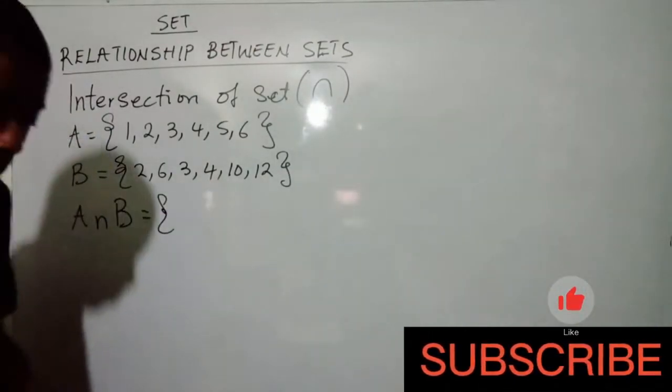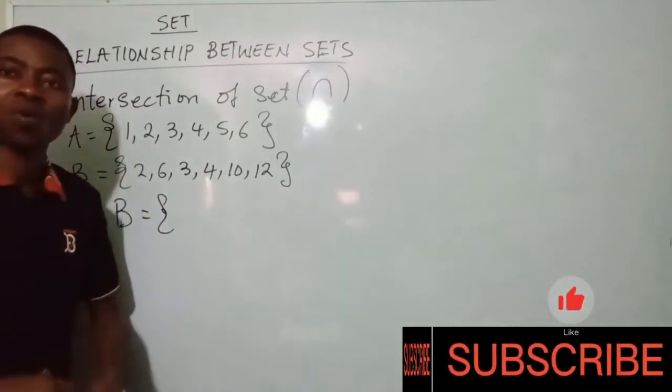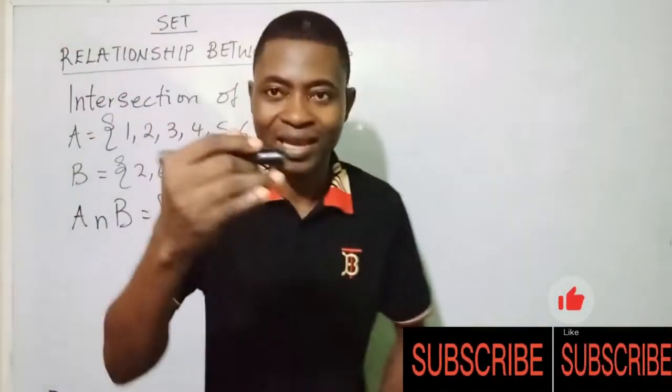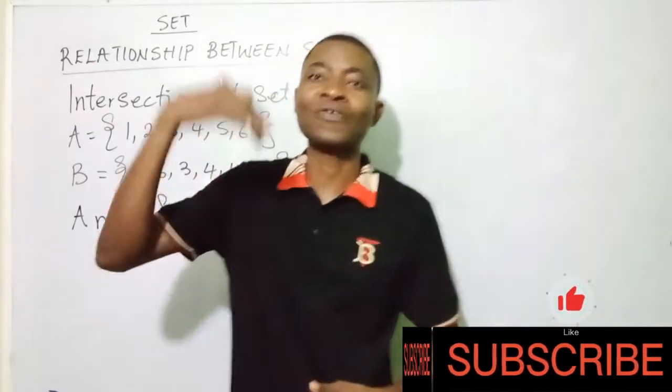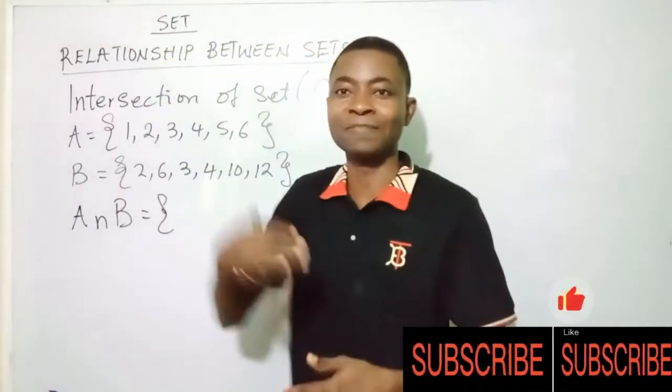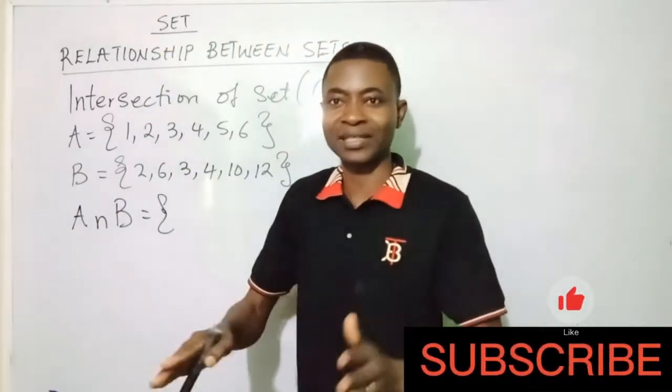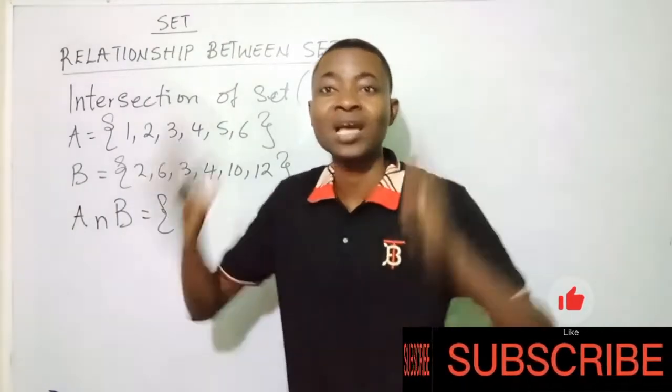A intersection B means what elements will you find in A that you can also find in B? That is just the meaning of intersection: what they have in common.